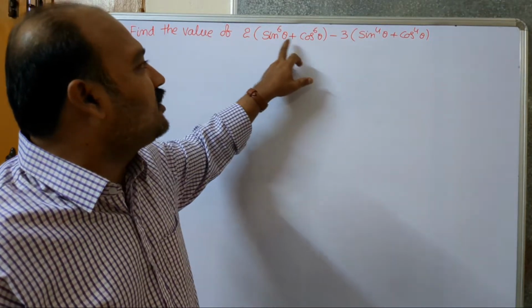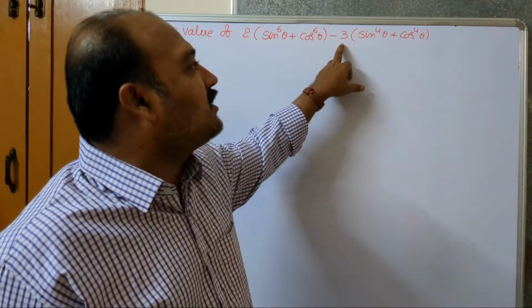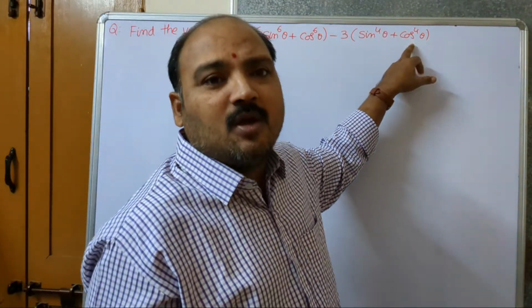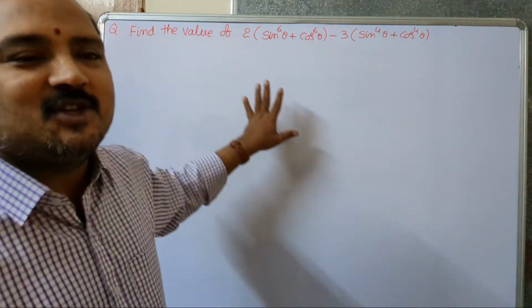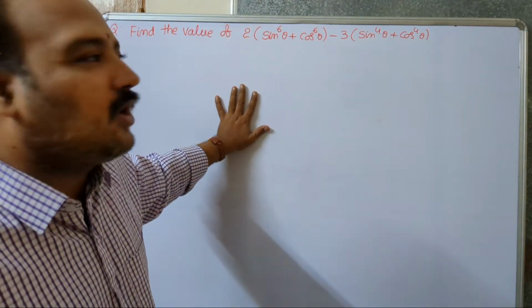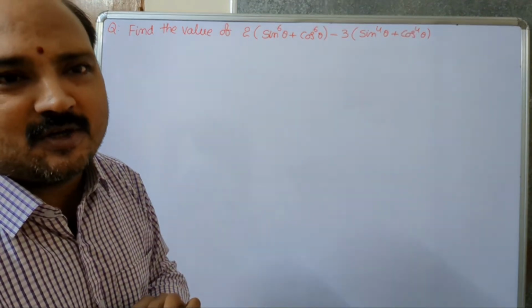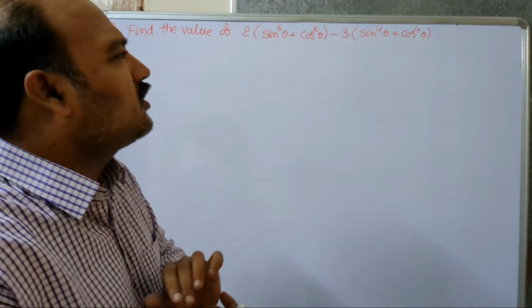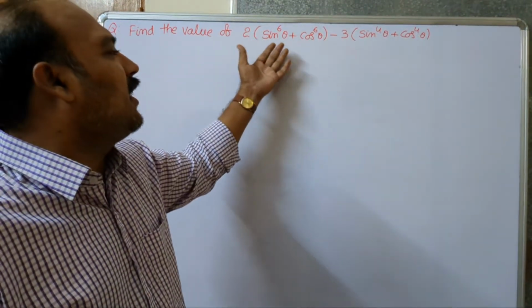So 2 into 0 plus 1 means 2 will come, minus 3 into 0 plus 1. 2 minus 3, minus 1 is the answer. This is the shortcut formula. You can apply it in the competitive examination corner. Not only 0 but also 90 we can substitute. Cos 90 is 0, sin 90 is 1.